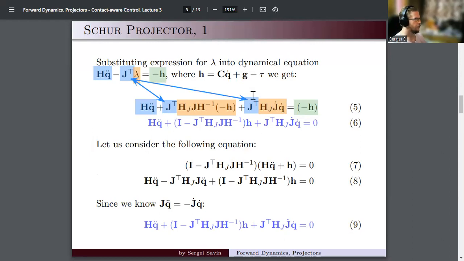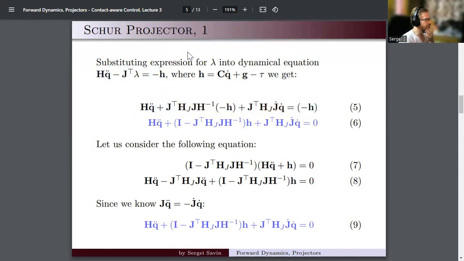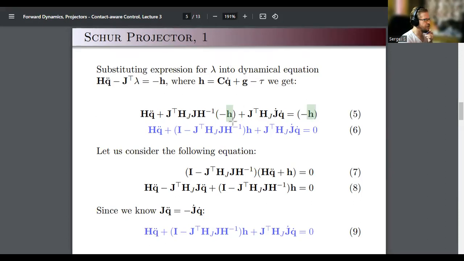Just substitution. Next step is we want to collect some terms. First of all, we have this term on the right-hand side and here. What we would prefer is to keep it all on the left-hand side. If we transfer it to the left-hand side, we get 0 on the right-hand side.